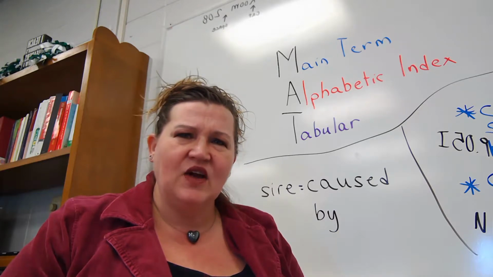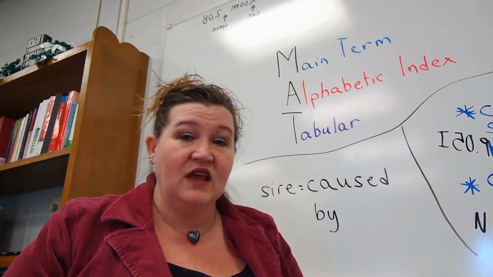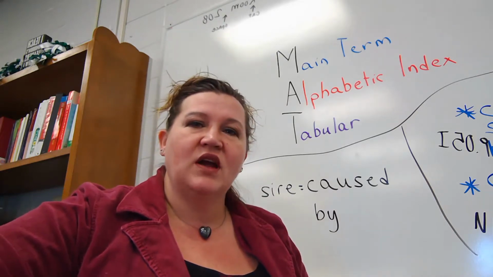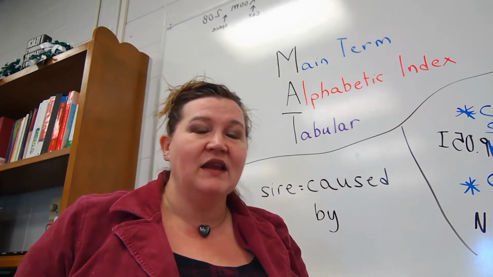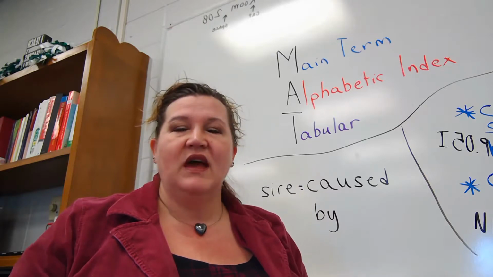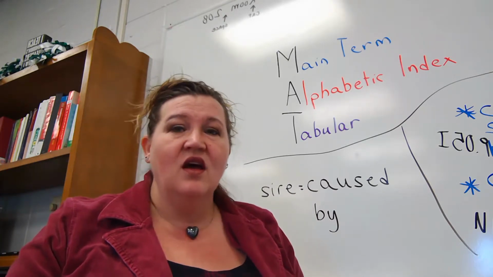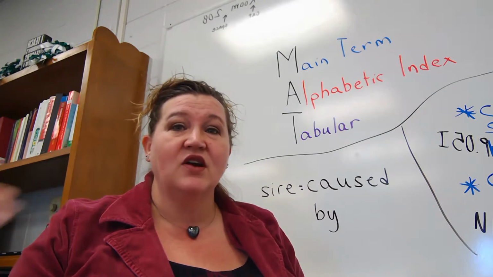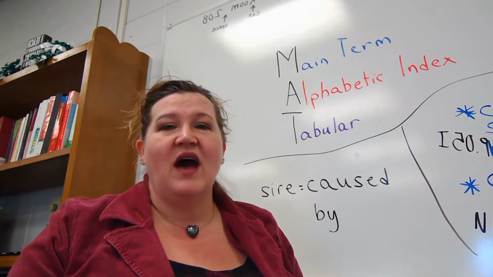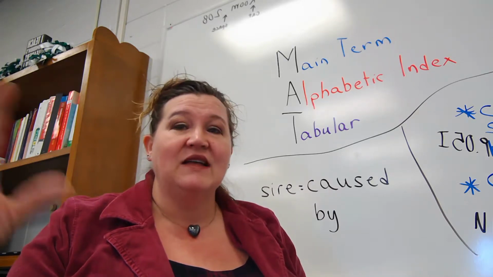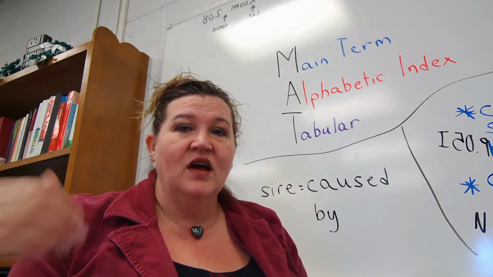Another place that you need to go for additional information is your Z codes. We don't get to it until week 8, but if you want to go ahead and kind of skip ahead and look at some of the Z codes, because Z codes kind of cover everything. They have history, family history, personal history. It also has, if you have a DNR, a do not resuscitate, then that's going to be in a Z code.